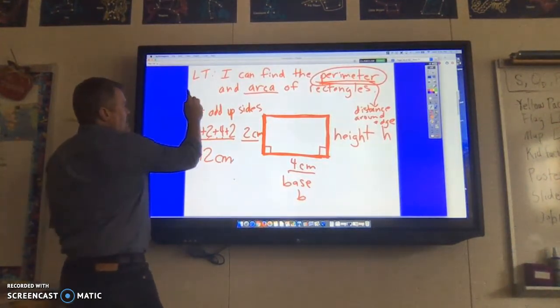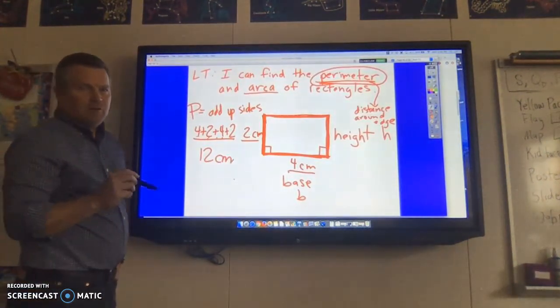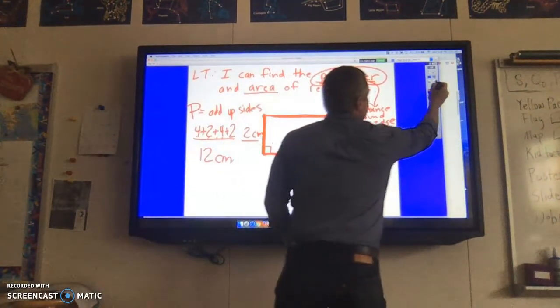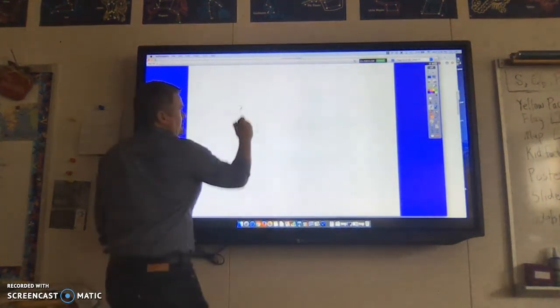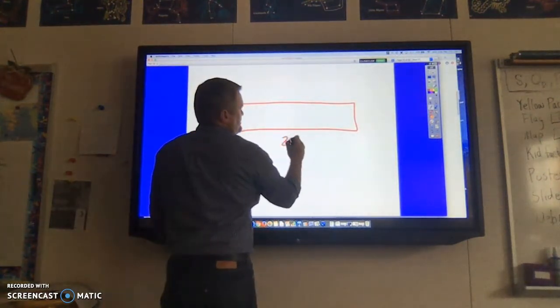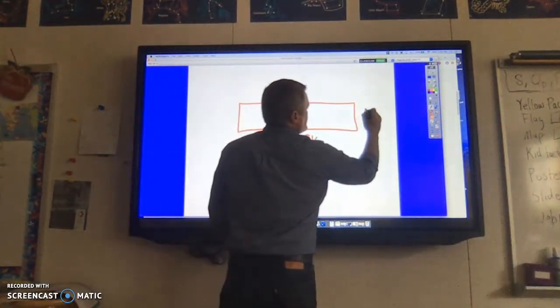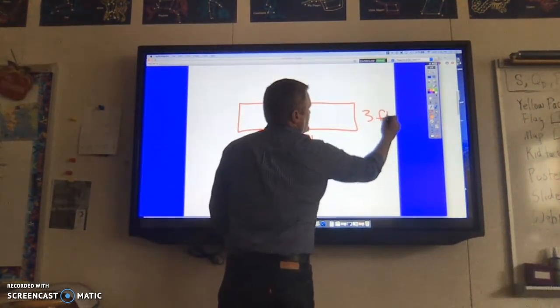All right, so I'm going to give you a practice problem here with perimeter, and I want you to find the perimeter of the figure that I draw. Okay, here we go. Let's say this is 22 feet, and this one is 3 feet.